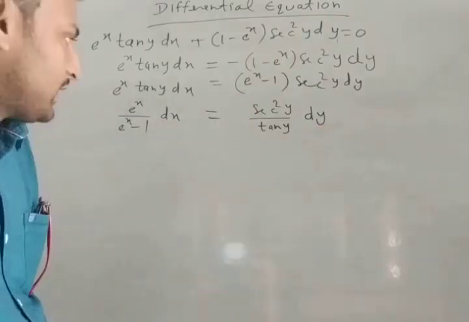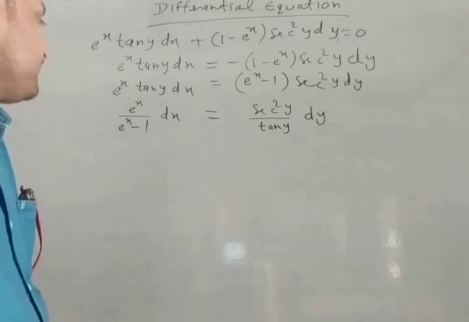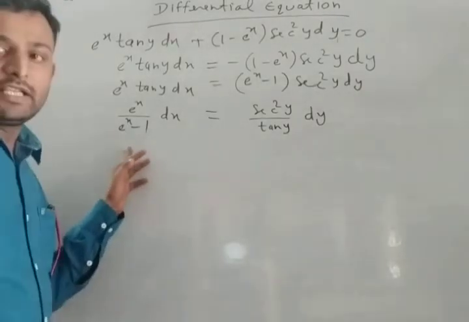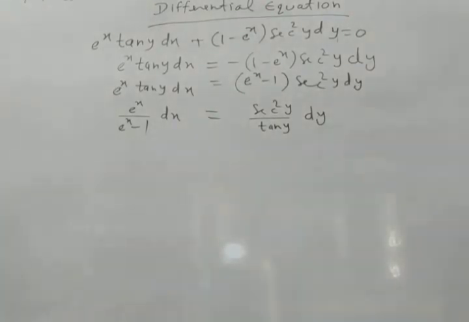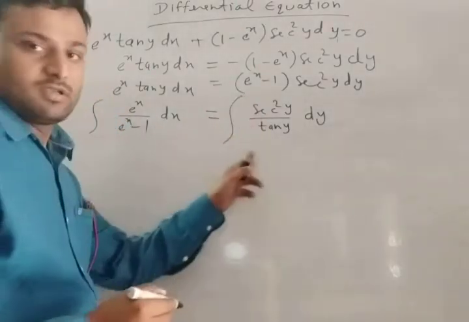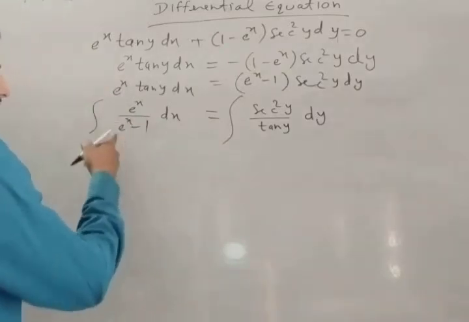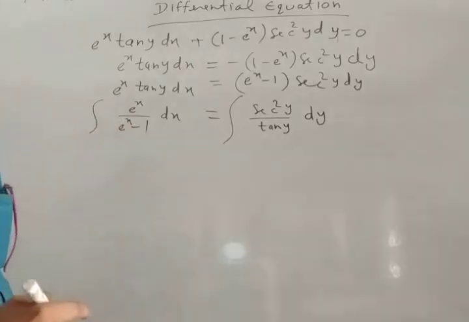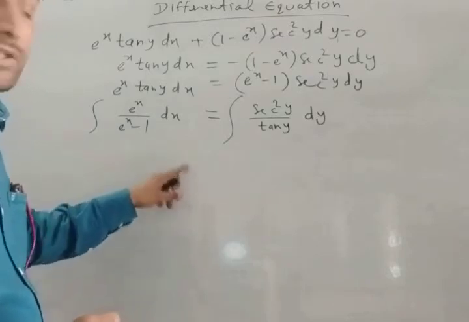Now we are going to use the method of variable separable. So now we will integrate it, and after integration we will find the general solution. We integrate both sides. If we suppose this term e to the power x minus 1 is t, then we get e to the power x dx is equal to dt.